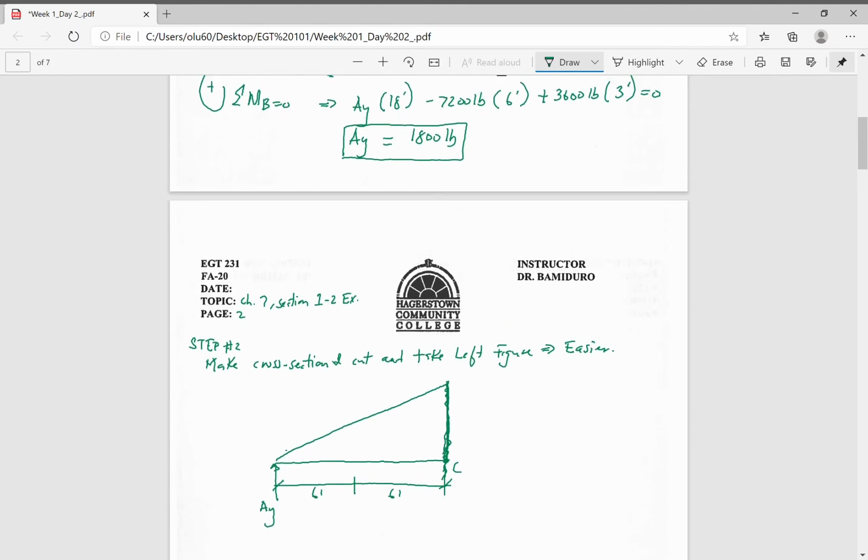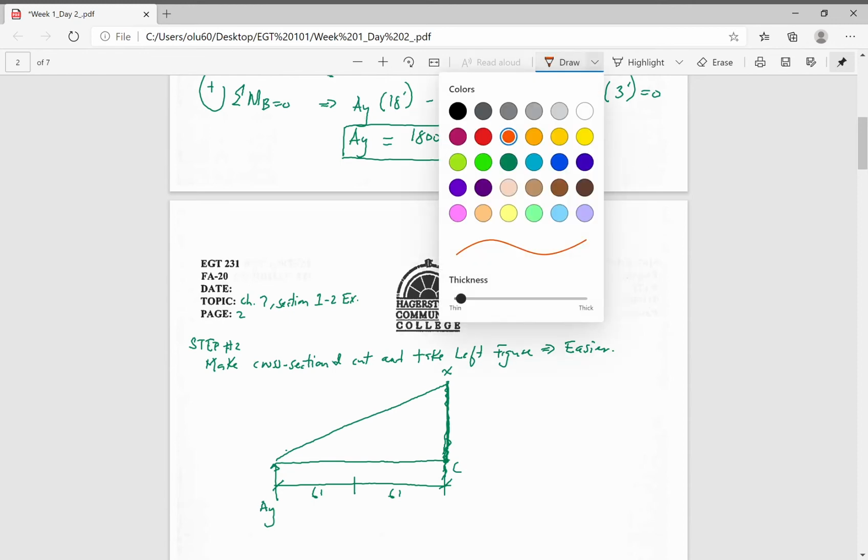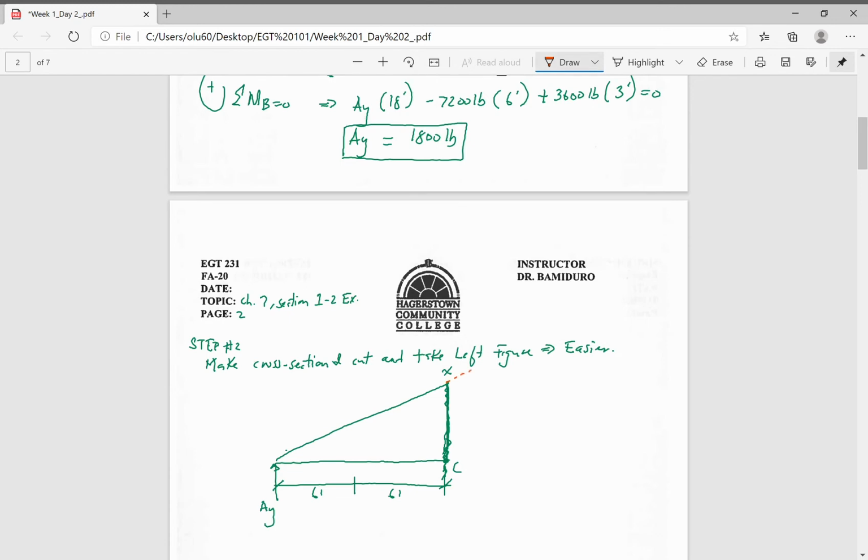So we need this height right here. So the first thing we can do is, we know that if we were to extend this, this is 800 pounds per foot, right?